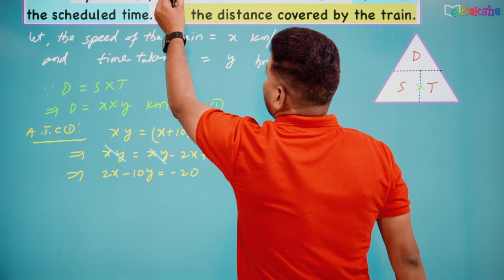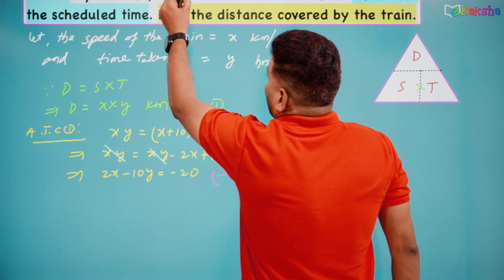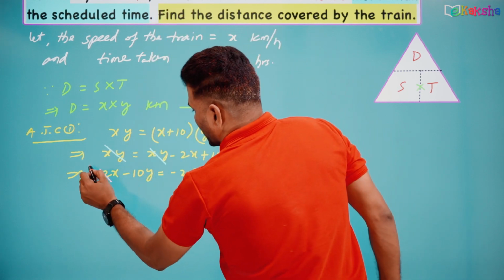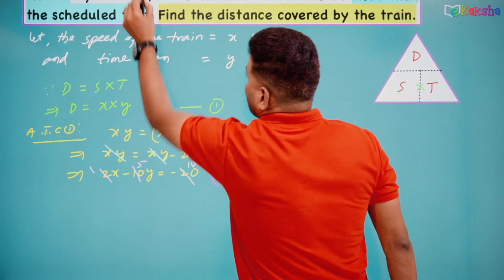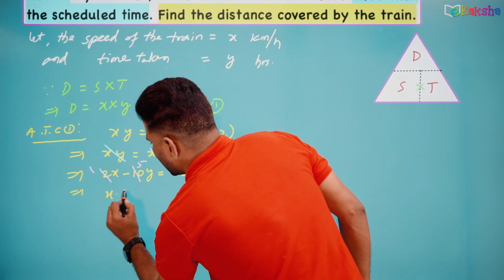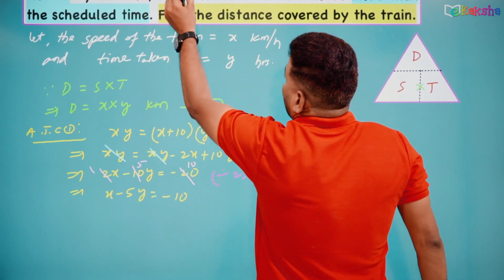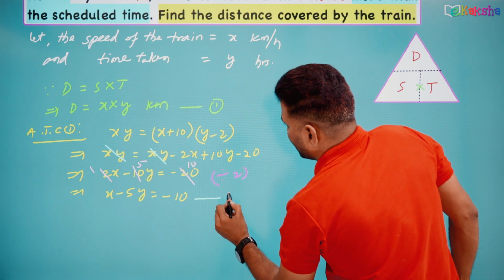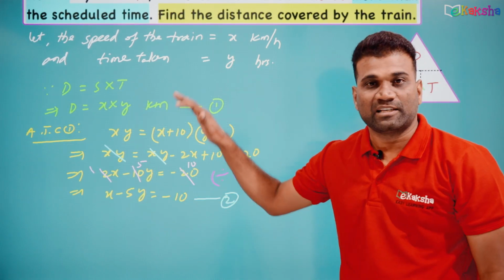Again, throughout we can divide by 2: 2 1s are 2, 2 5s are 10, 2 10s are 20. Then this equation becomes x minus 5y is equal to minus 10. Let us take this as equation number 2. We have got one linear equation based on the first condition.